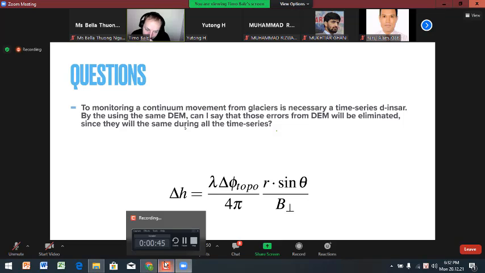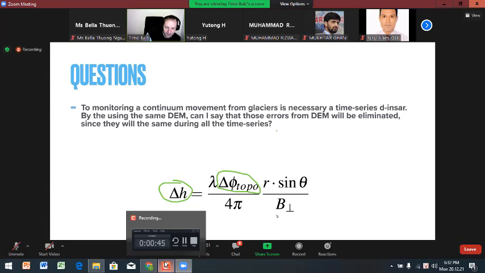But it's not so easy. If you look at the equation here, it gives us the relation between the difference in height between 2 pixels and the difference in the topographic phase between 2 pixels. That's the equation you would need to solve.